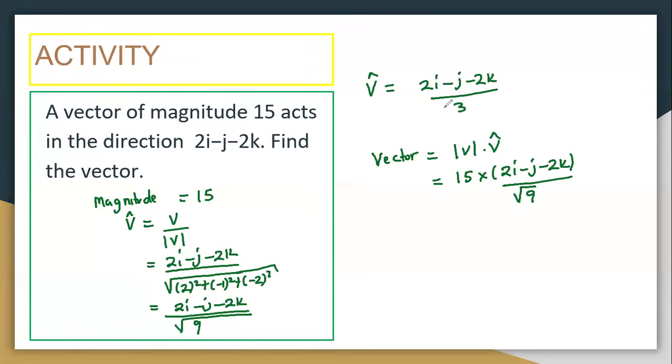Then when I divided 15 by root of 9, I got 5. So it became v is equal to 5, open brackets, 2i minus j minus 2k. Then my final answer was v is equal to 10i minus 5j minus 10k.